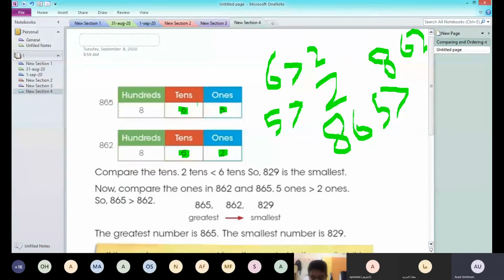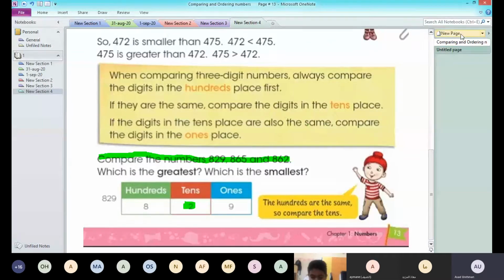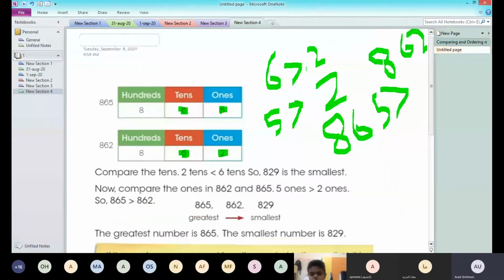So I know the greatest number here is what? Because this is the smallest one, it is having only 2 tens and they are having 6 tens. So I will write first 865. This is the greatest one.